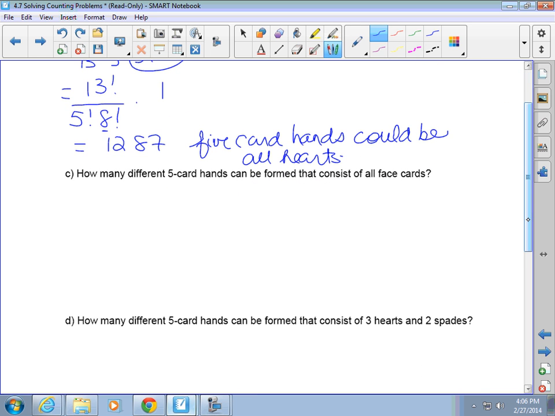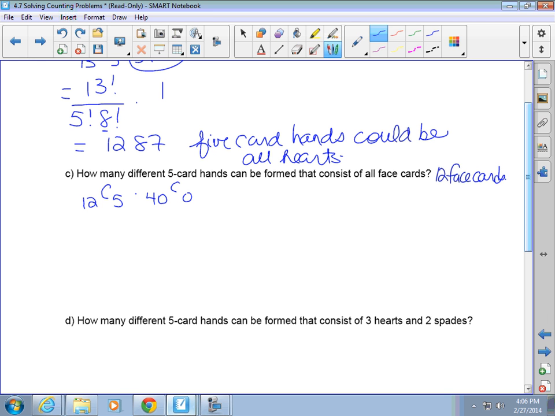How many different 5-card hands can be formed that consist of all face cards? So in a deck of cards, you have Jack, Queen, and King as your face cards in all 4 suits, so that means that there are 12 face cards. So we have 12 choose 5 times 40 choose 0.